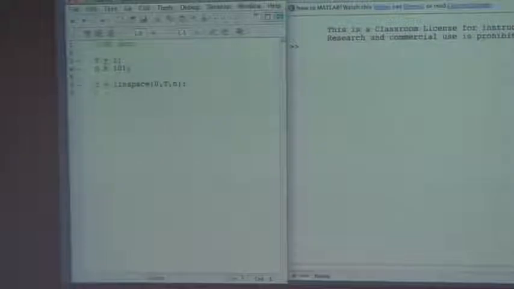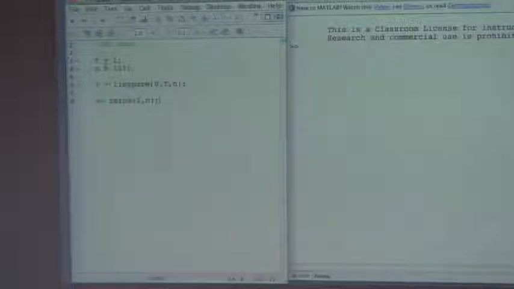Now I want to make my solution of my differential equation. And to start with, I'm going to fill in the solution and pretend it's all zeros. Basically this is making space in the computer memory for all the answers that are going to be there. And I'm going to make this in a matrix, which is 1 by n, which is my solution. This is where the solution of the differential equation is going to sit.